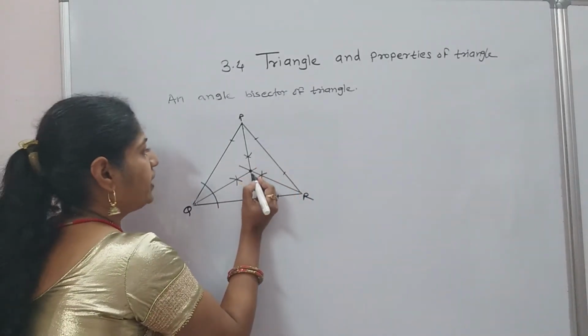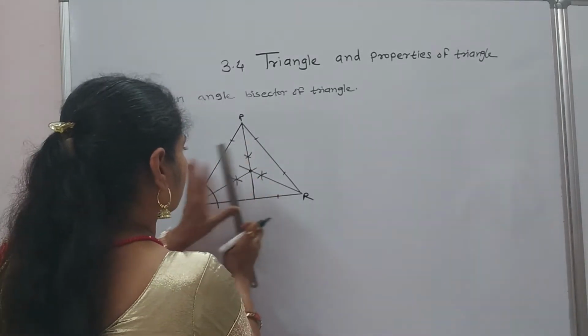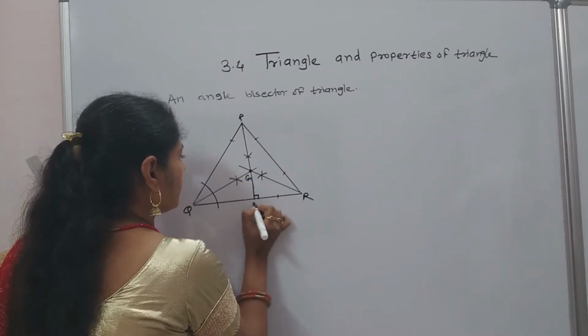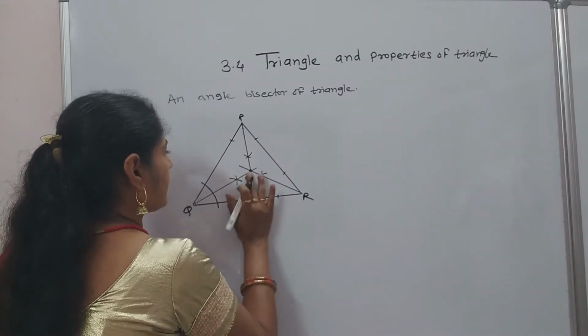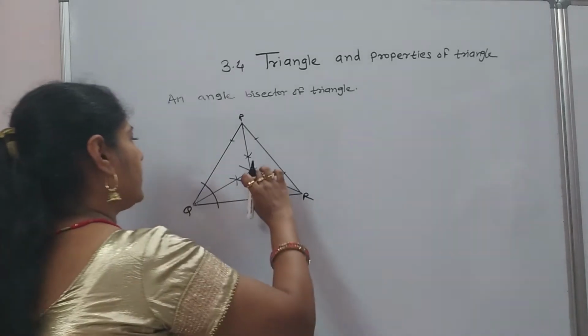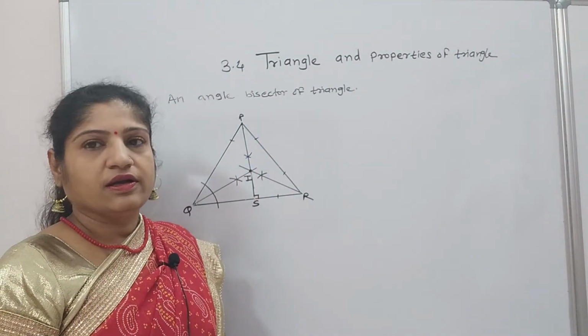And if we take the radius, the perpendicular to the side, take this radius and we make the inner circle.